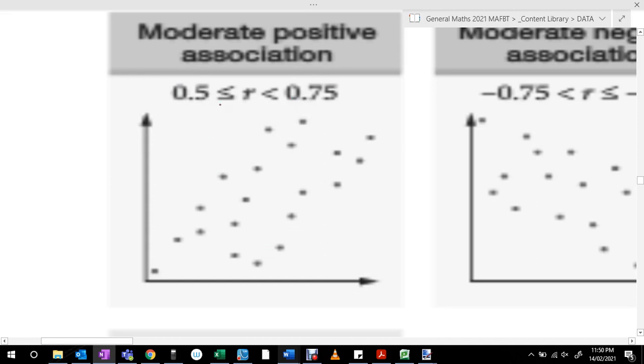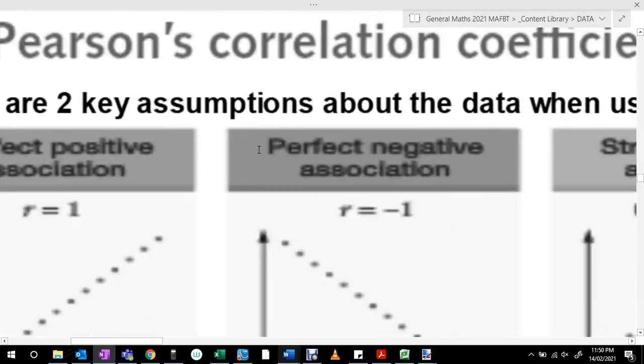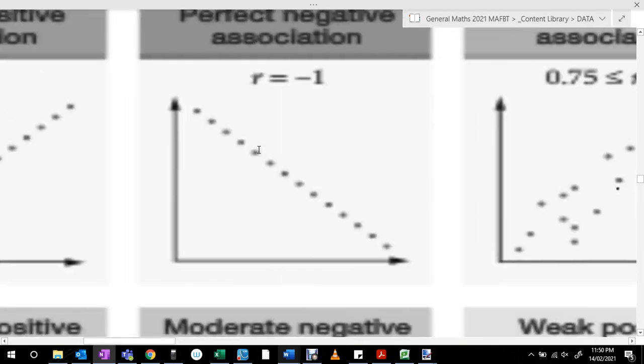Okay, so for example, here you've got an R value between 0.5 and 0.75, and the dots are still positive. See, these are positive numbers, so that means the dots will be going upwards, and the R value isn't as high as, for example, between 0.75 and 1, like these guys.